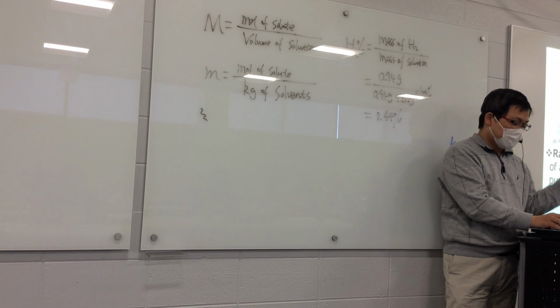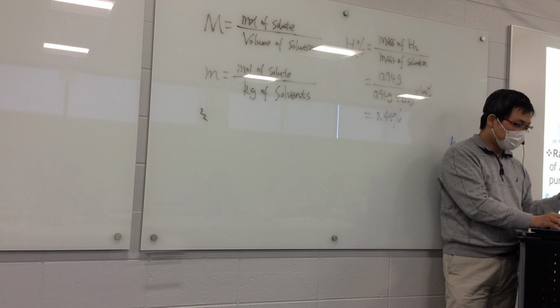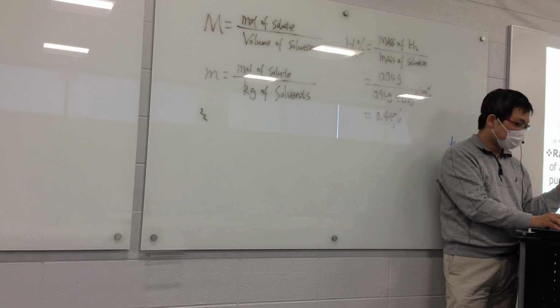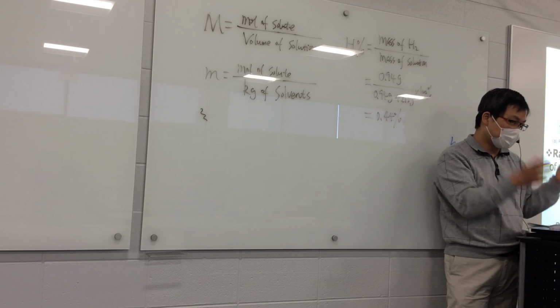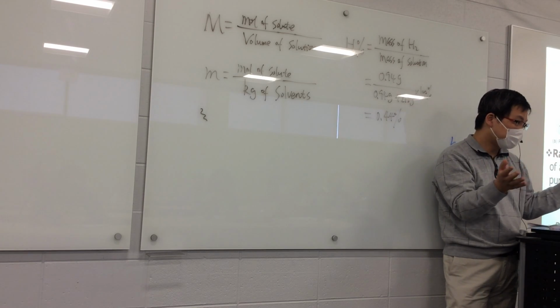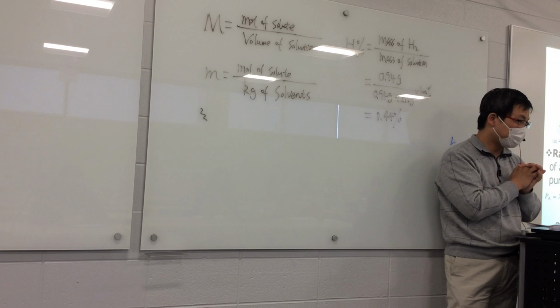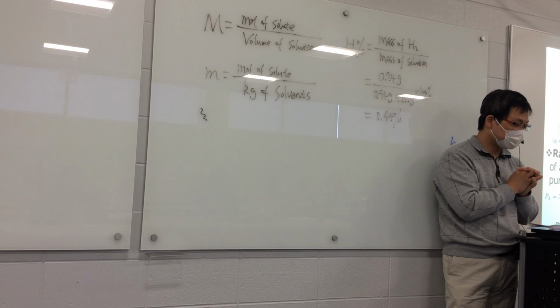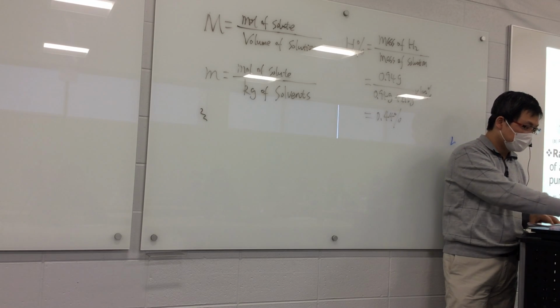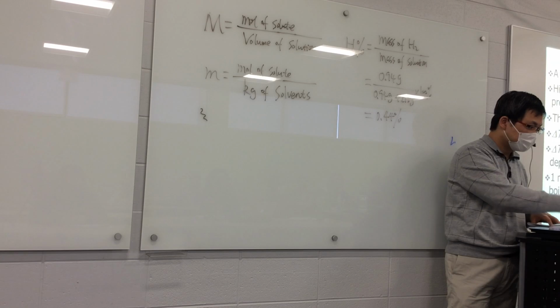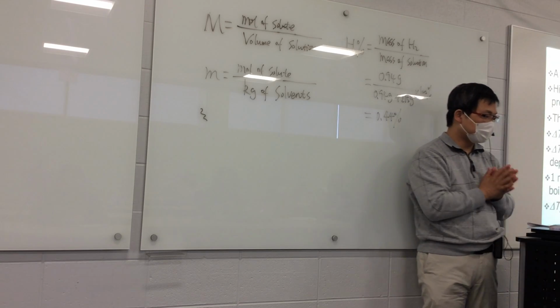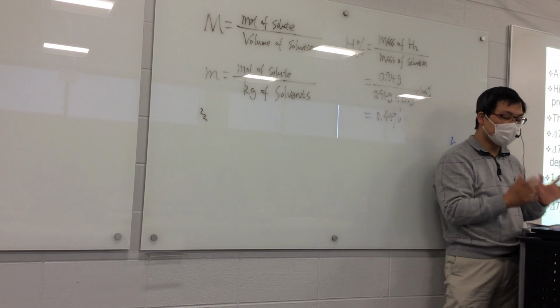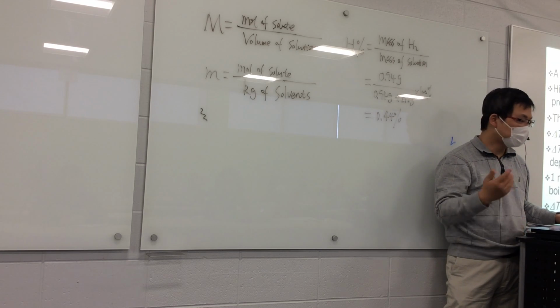The vapor pressure of pure solvent is P star solvent, because the mole fraction of solvent is less than 1. You see, we can calculate. Then, as we discussed, a solute lowers the vapor pressure.